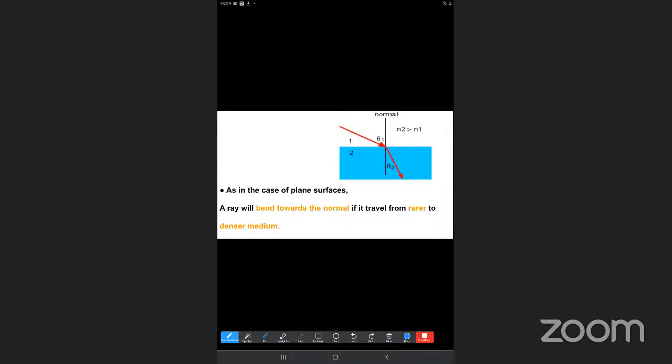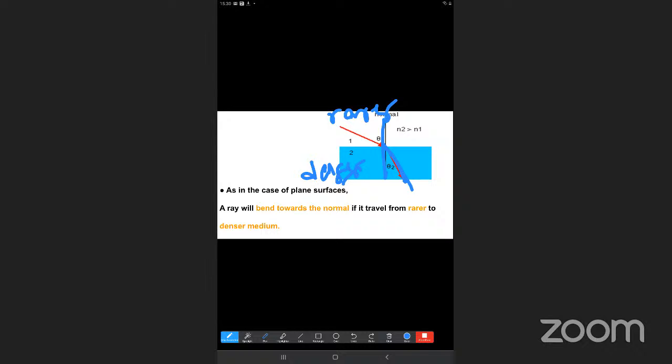We know that when a light ray travels from one medium to another medium, the direction of the light ray changes and the speed of the light ray also changes. So when this light ray bends towards the normal, it has traveled from rarer to denser. This is the rarer medium and this is the denser medium.